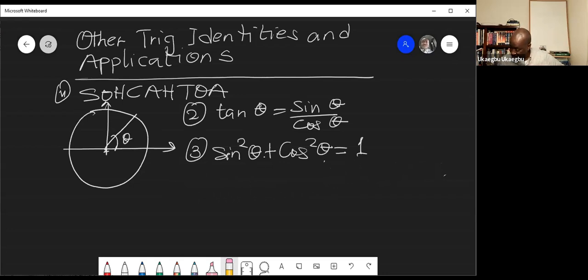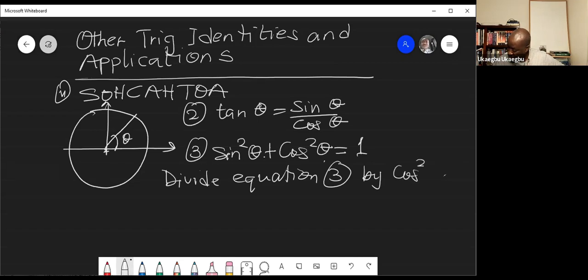So divide equation 3 by cos squared theta.